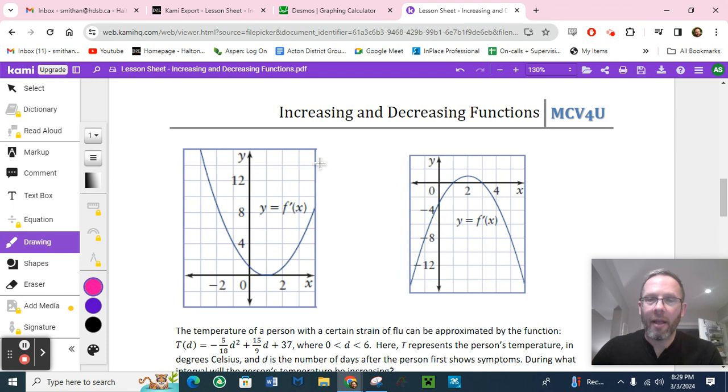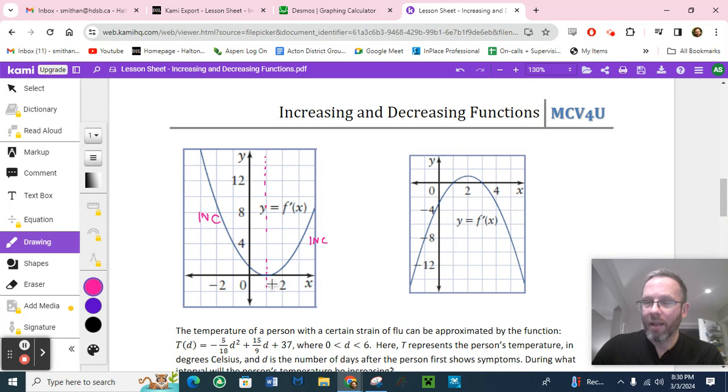So if we look at this derivative, this derivative is positive to the left of 1, so it's increasing. The derivative is 0 at x equals 1, and then the derivative is positive again to the right of 1. It's increasing as well.